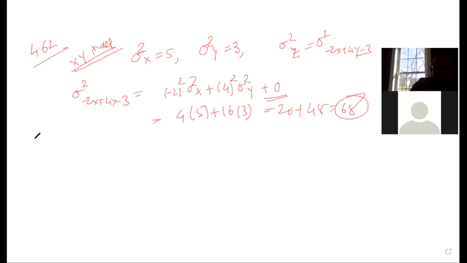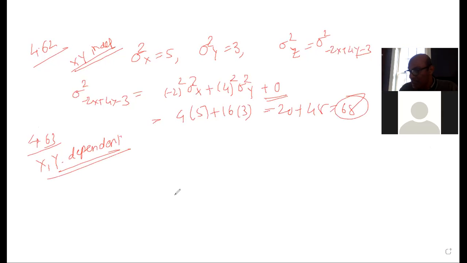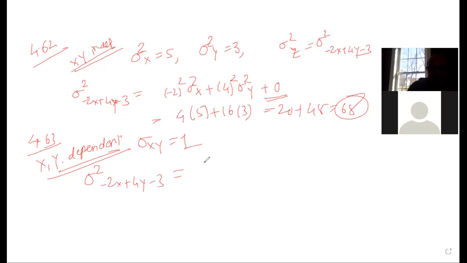And I would like to go for example number 4.33, in which X and Y are dependent. I think I took almost all types of examples. Repeat the exercise, the same example with sigma XY equal to 1, so X and Y are not independent, meaning dependent. So sigma square of negative 2X plus 4Y minus 3 is equal to negative 2 square sigma square X plus 4 square sigma square Y plus 2ab sigma XY, where a is negative 2 and b is 4.